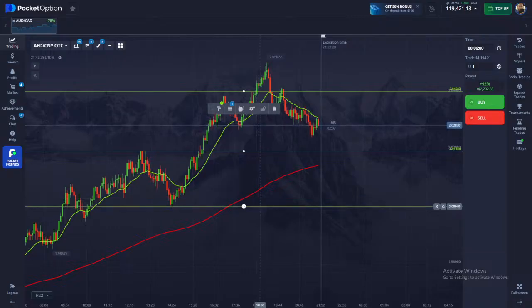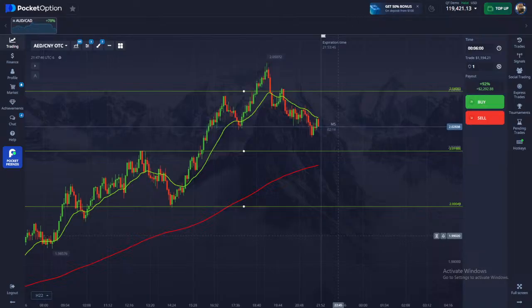The only difference is that this round number has 1, 2, 3, 4, 5 zeros, whereas these two round numbers have only 3 zeros. So what does that mean? The more zeros a round number has, the stronger the effect it's going to have on the market.